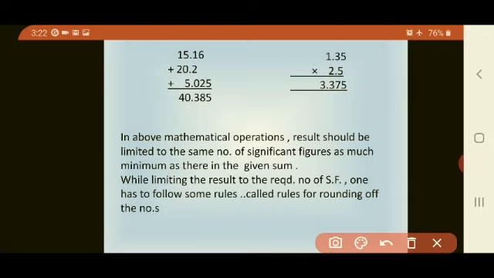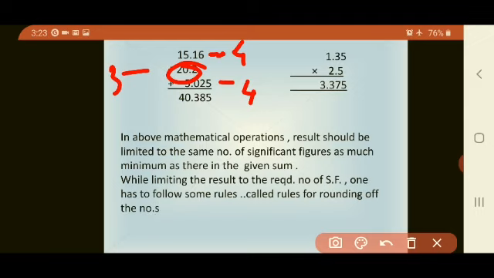The first one has 4 digits, the second one has 3 digits, whereas the next one again has 4 digits. So which one is minimum? It is the second one, that is 20.2.